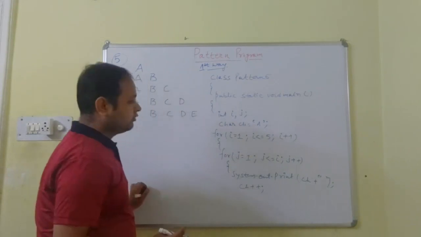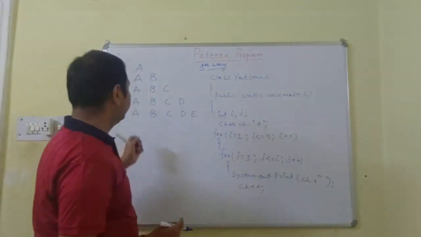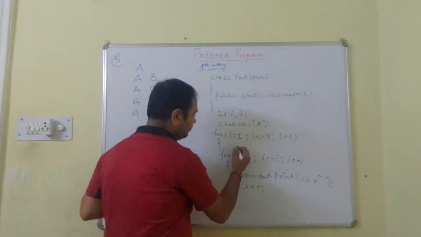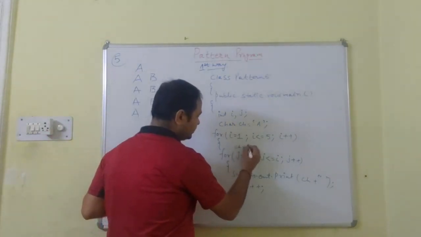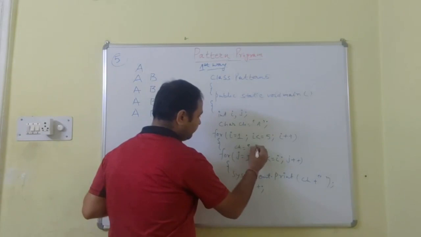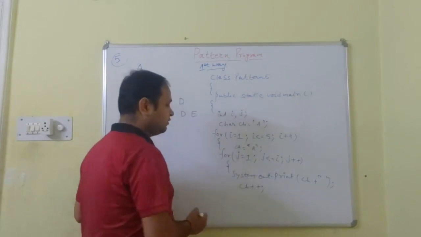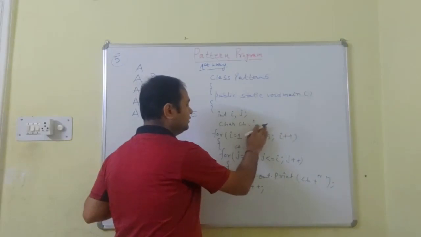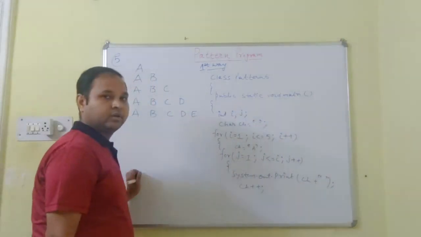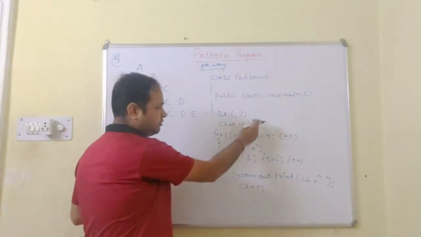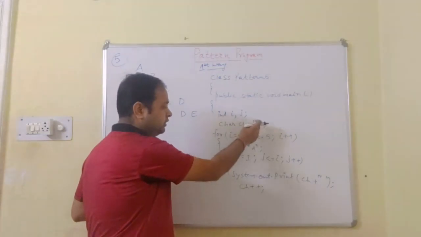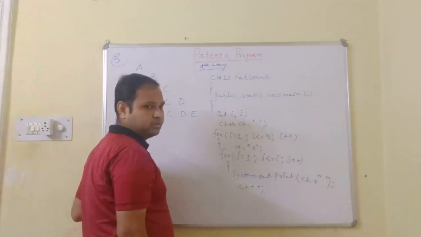Okay. One thing we do here: as in the beginning we are having a, we must initialize the a over here, so ch equals to a. Always it will start with a. And in place of a here, we put a null character, because once we are initializing, it becomes an unnecessary repetition of the same word. So we initialize this variable with null, and then ch equals to a.